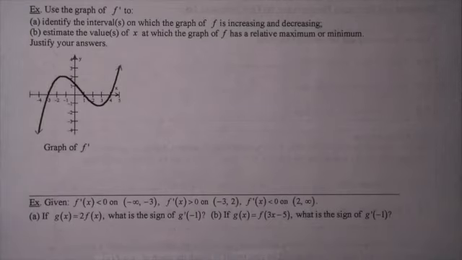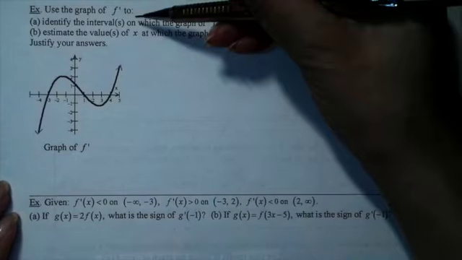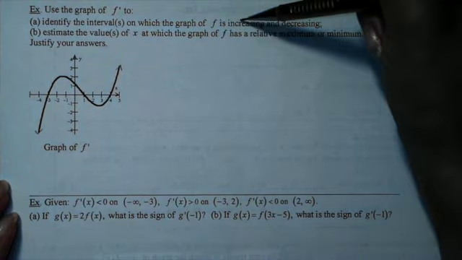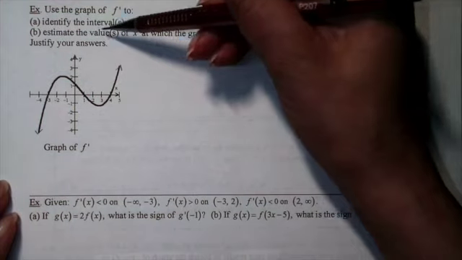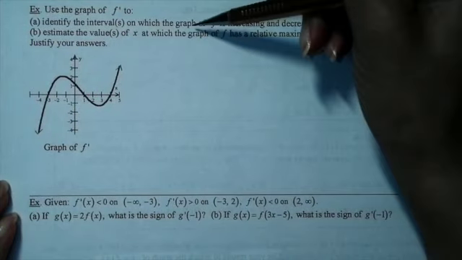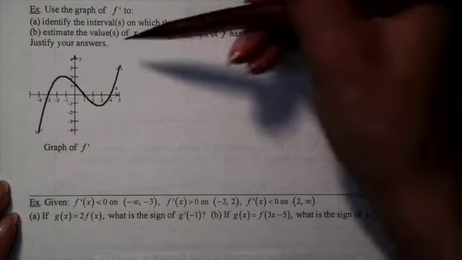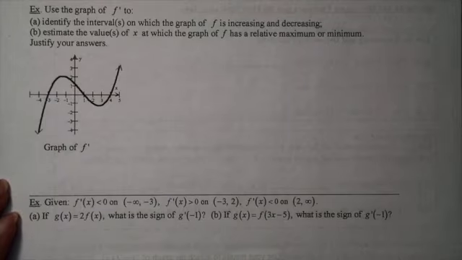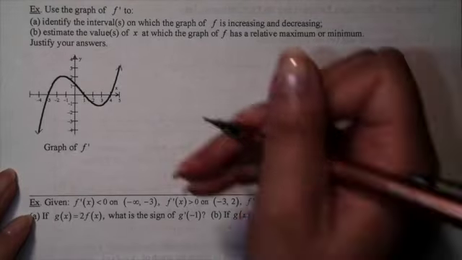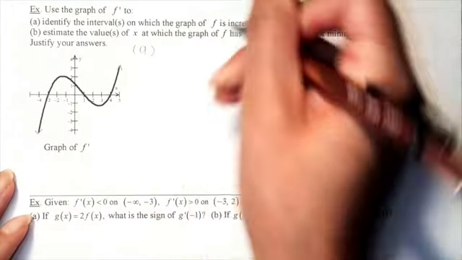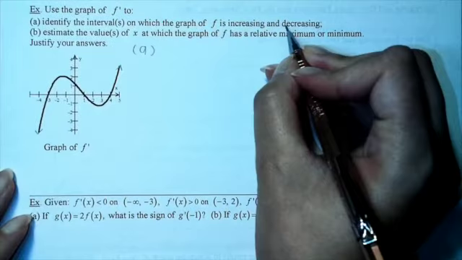For this example, they tell you to use the graph of f prime to first identify intervals on which the graph of f is increasing and decreasing, and estimate the values of x at which the graph of f has a relative maximum or minimum, and justify your answers. So what can you say here? For part A, let's focus first on which the graph is increasing and decreasing.